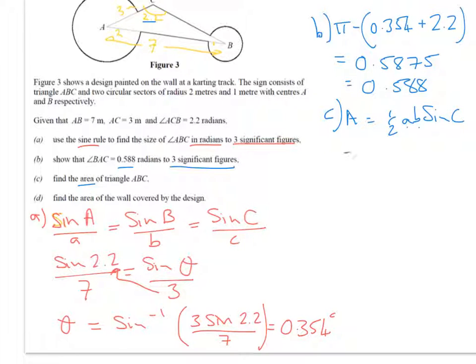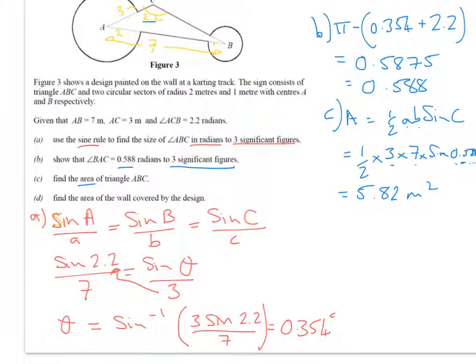So if we substitute our values in, we've now got a half times 3 times 7 times sine 0.588. And that will give us an answer of 5.82 metres squared.